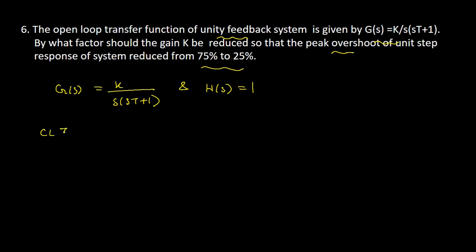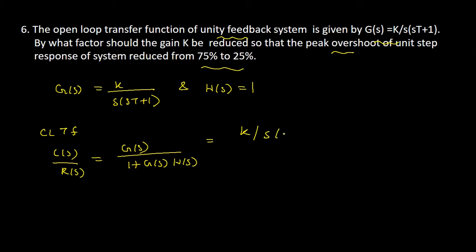Therefore, the closed loop transfer function of such a system will be C(s)/R(s) = G(s) divided by 1 + G(s)H(s). Now we put the values of G(s) and H(s) in this equation. We will get K divided by s(sT + 1), whole divided by 1 + K divided by s(sT + 1) into 1.